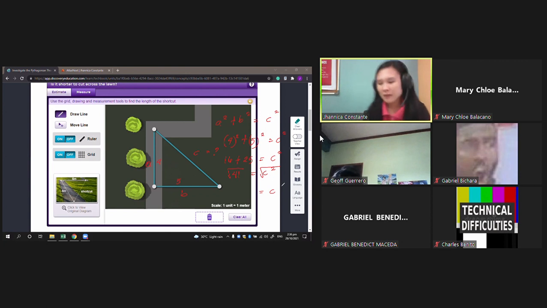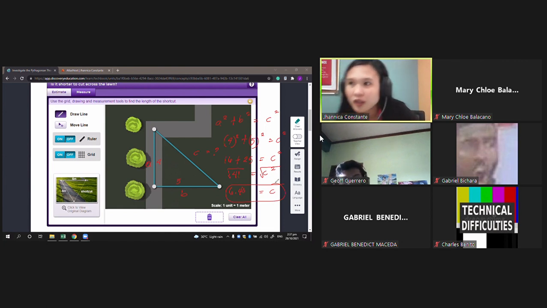So that is the measurement of our hypotenuse. That's how we find the measurement of our hypotenuse using the Pythagorean theorem.